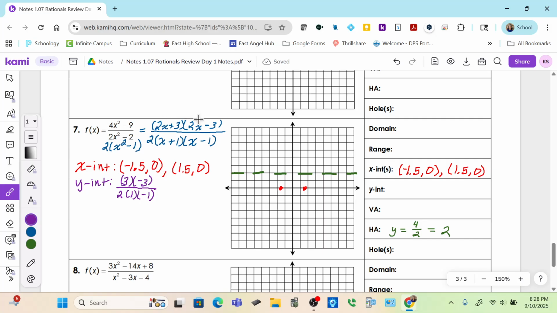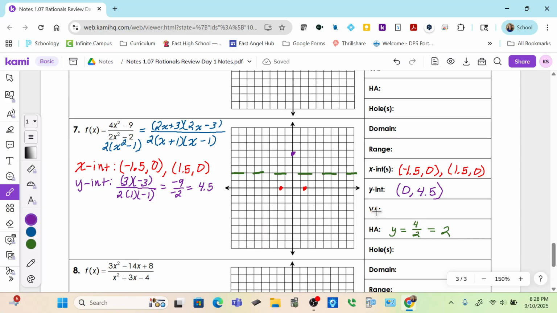If I replace all of these x's with zeros, I'm left with my constants and that 2 that was factored out. So this will simplify to negative 9 over negative 2, which is actually a positive 4.5. So my y-intercept is 0, 4.5. And let's go ahead and mark that on our graph. So here's 2, 3, 4.5.